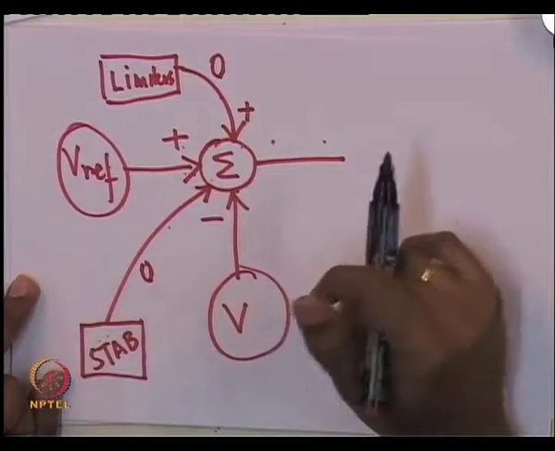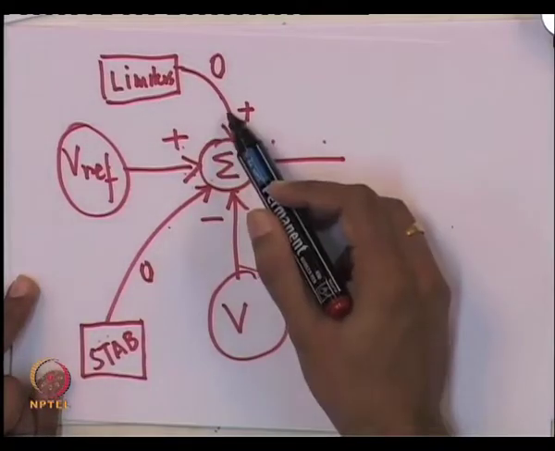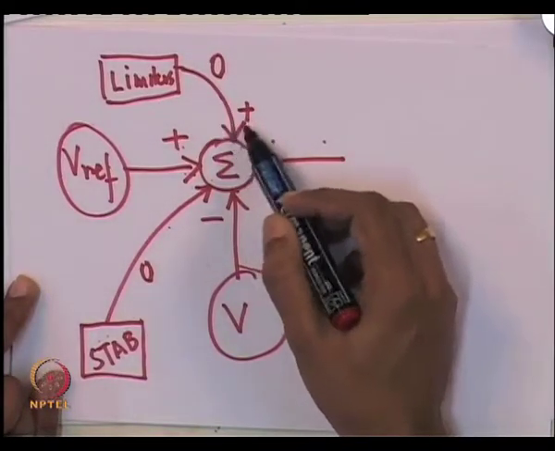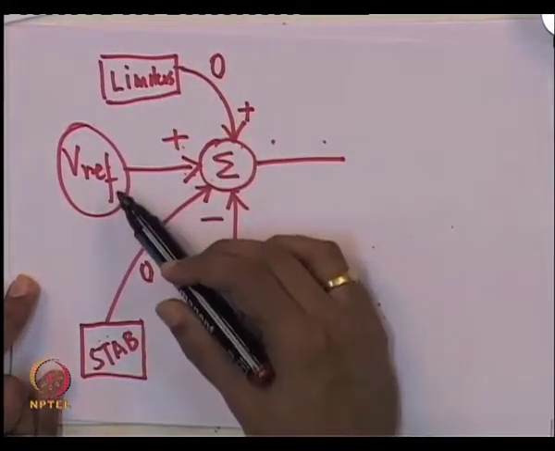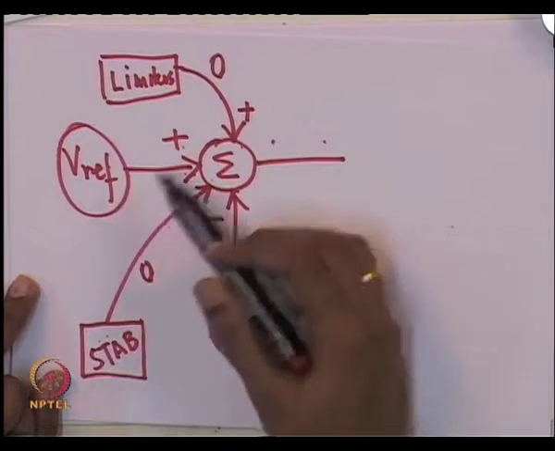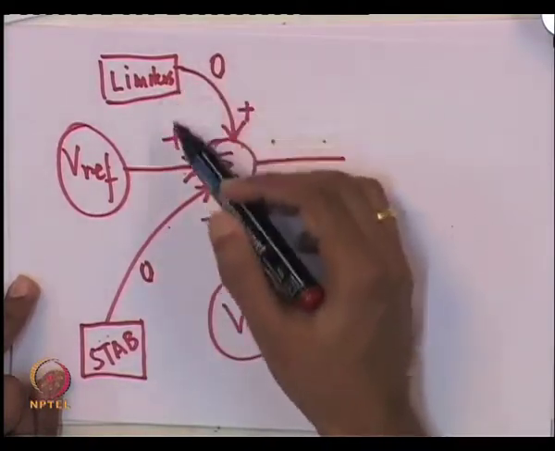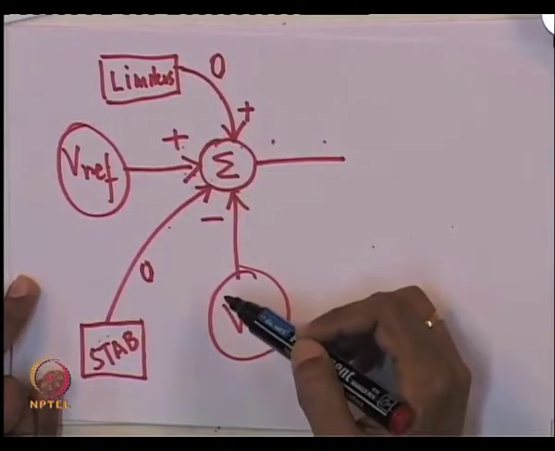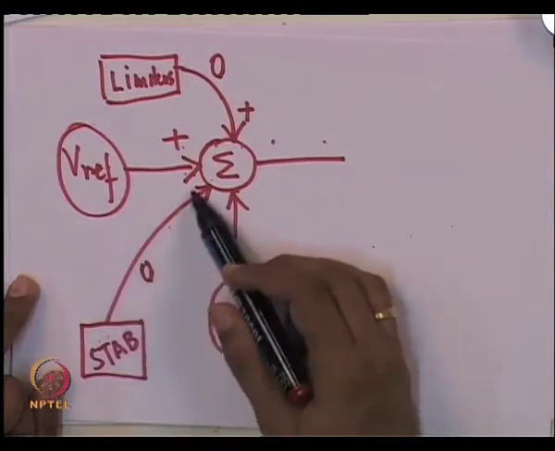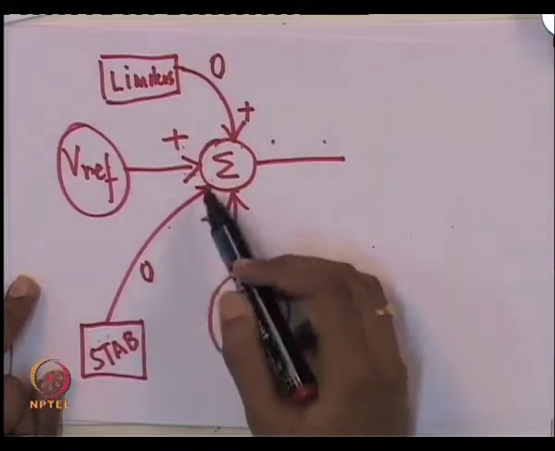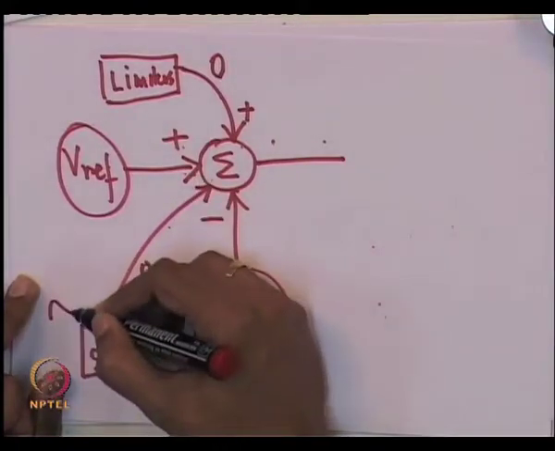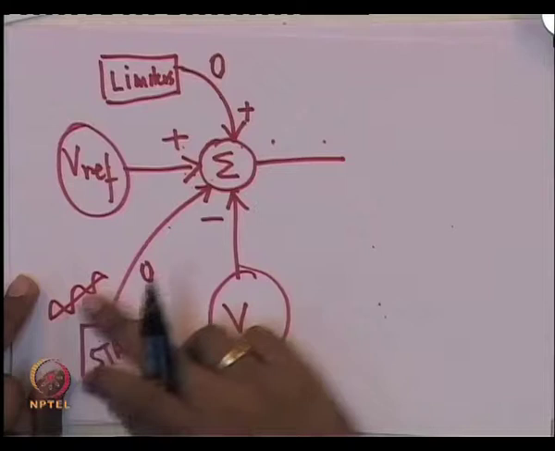However, if any limit violation is taking place, some input will manifest at this point due to the limiting function, and V will no longer be equal to Vref, it will get overridden in some sense by this additional superimposed signal. During transients, the stabilizing function augments this Vref. During transients, you could be sending in a modulation signal.